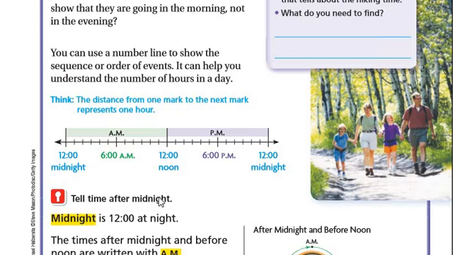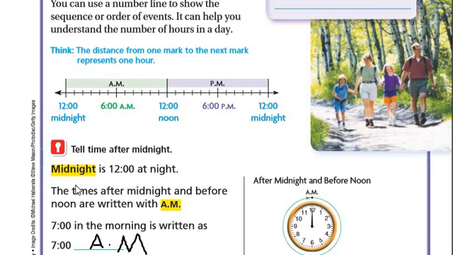So let's see. This is our vocab, the yellow ones. Today in our lesson, it's midnight. We said 12 at night, exactly, called midnight. So the times after midnight and before noon are written with AM notation.